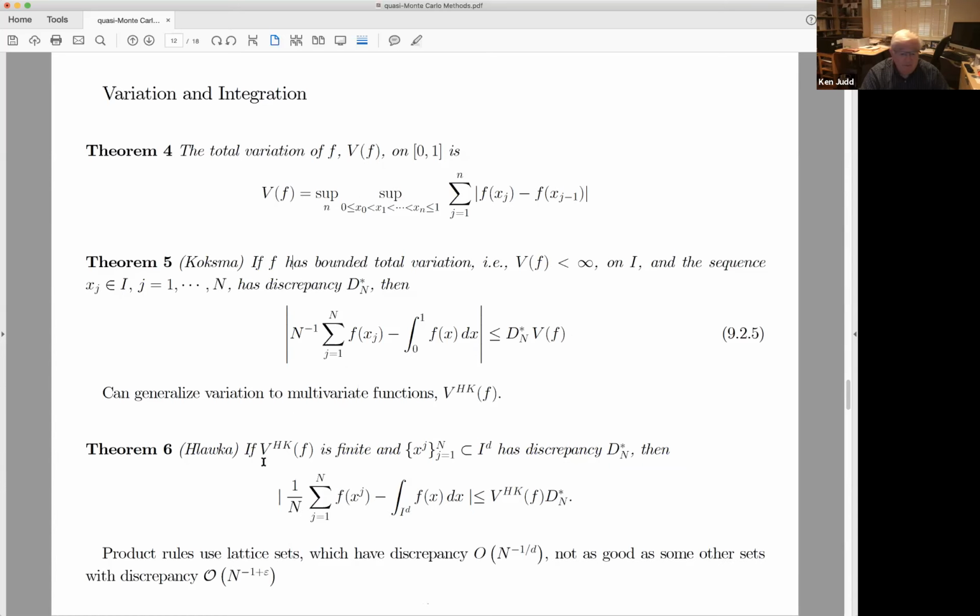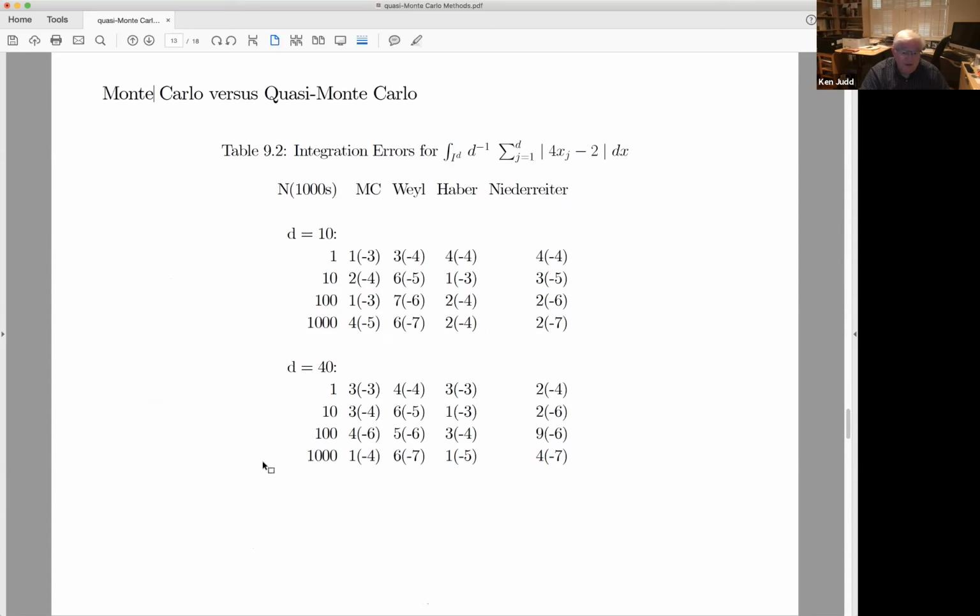Now, here's some more theory. I'm not going to spend time on that, but here's an example, suppose you had this integral to compute. Now notice, what is this integral? In each dimension, you take 4 times x sub j minus 2.